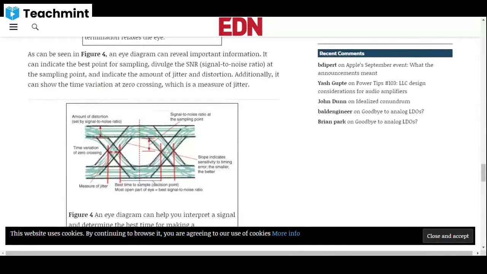So a square bit stream is sliced into sub bit streams. The shape of the eye decides how much ISI is present in that.